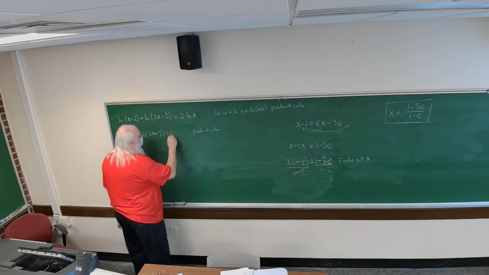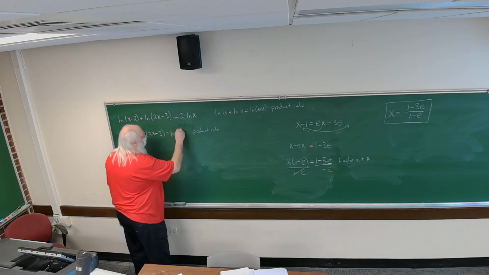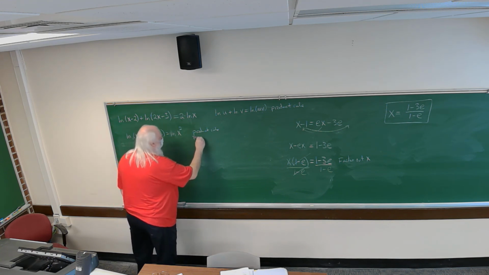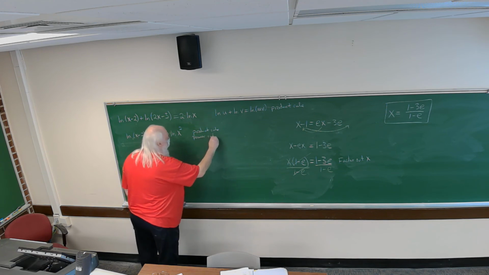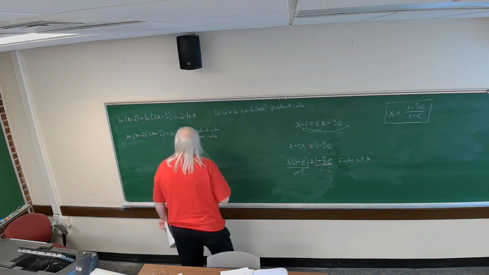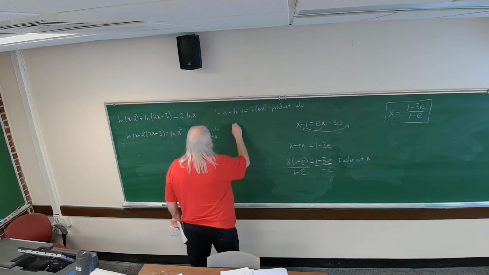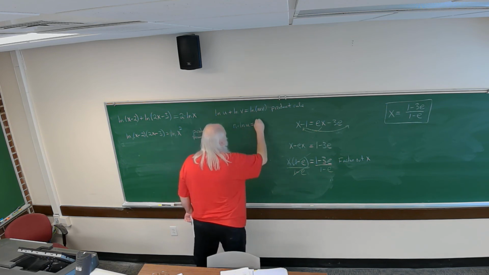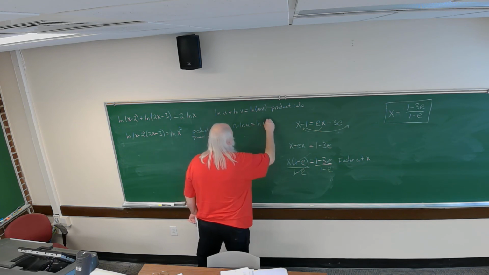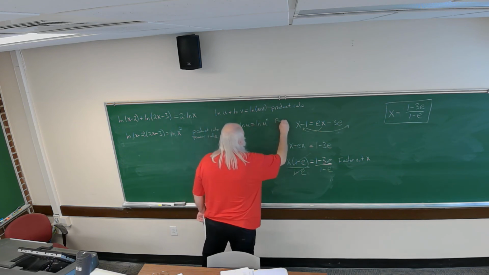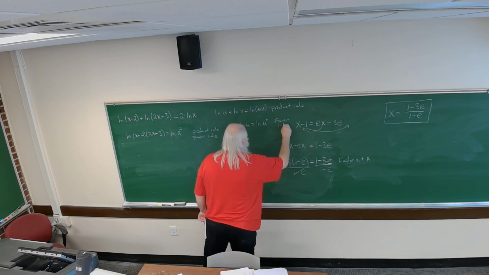We have the natural log of x squared by the power rule. So just to remind you of that, n times the natural log of u is equal to the natural log of u to the n. That is known as the power rule.